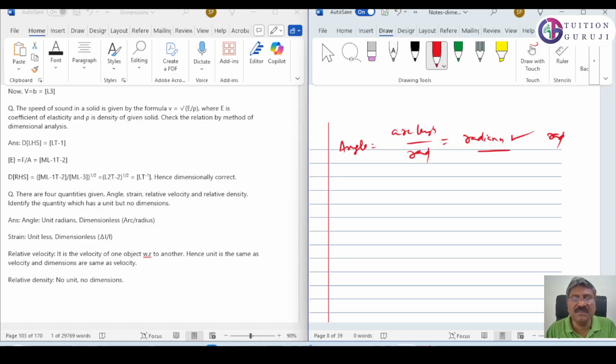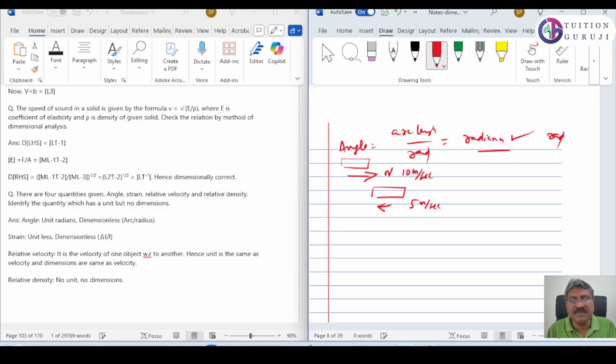Now relative velocity is the velocity of one object with respect to another. For example, a train is moving in the north direction at 10 meter per second speed, but another train is moving in the south direction at 5 meter per second speed.